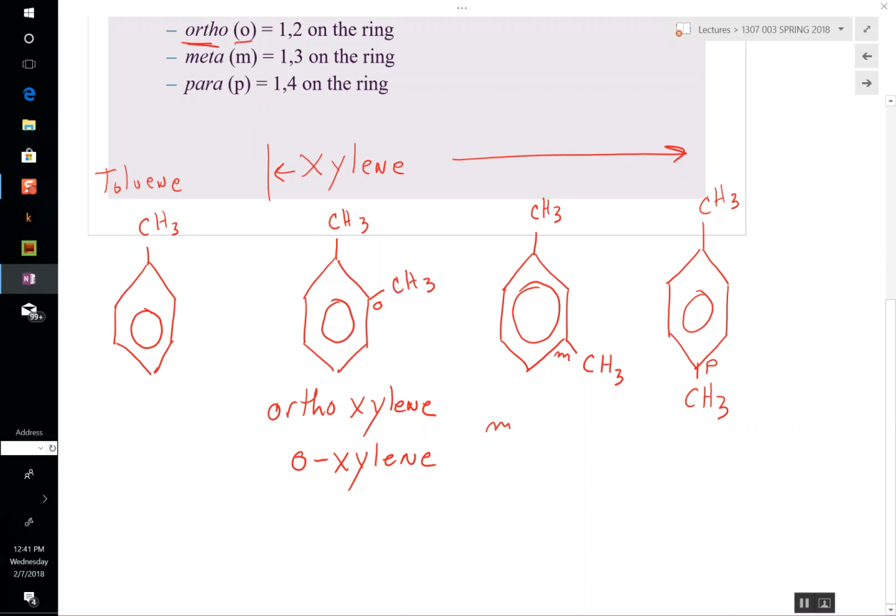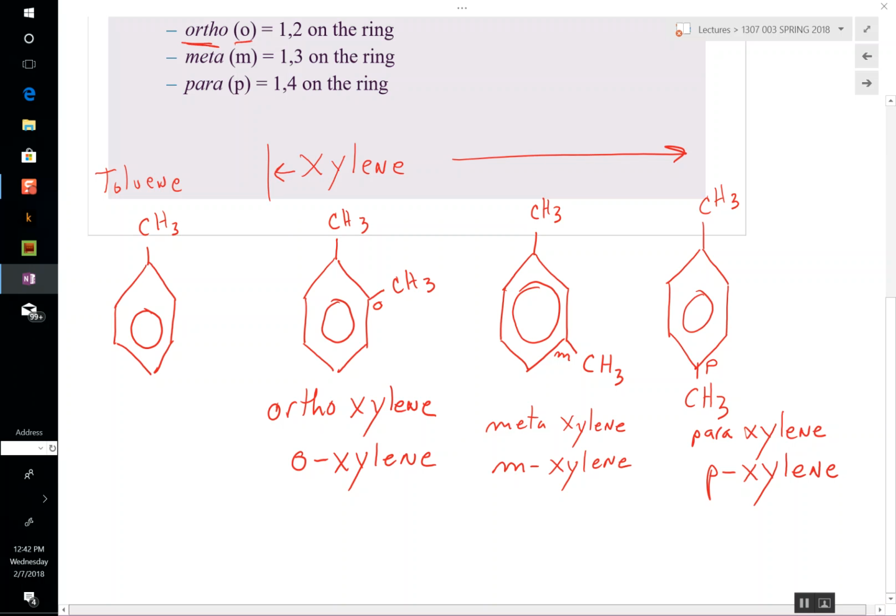This would be meta-xylene, or M-xylene, and this would be para-xylene, or P-xylene. Okay? So this is the ortho-meta-para nomenclature. It's a traditional, classic, old way of naming benzene molecules that have two substituents on them.